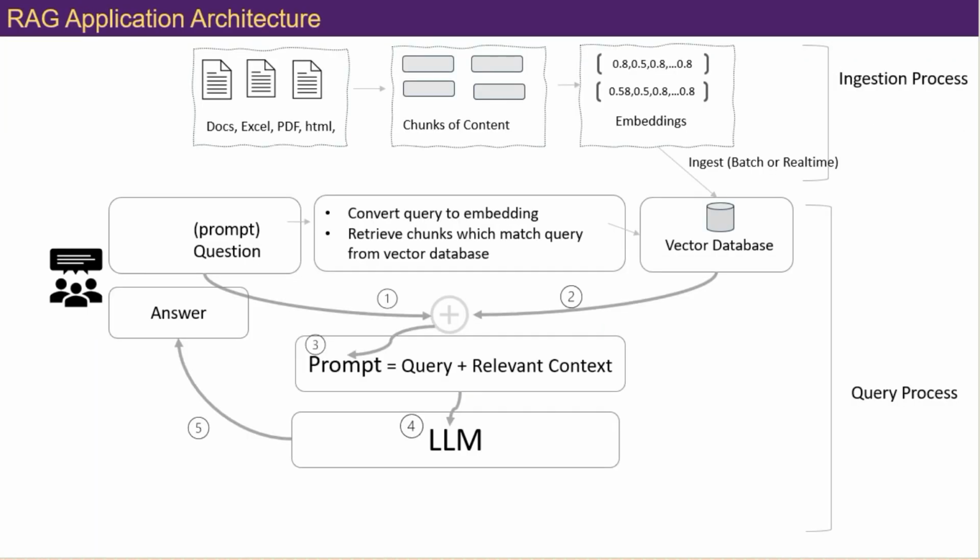All right, so a typical RAG application architecture looks like this. You would first need to ingest all your corporate documents, structured and unstructured data, into a vector database, because the language of large language models is embeddings.